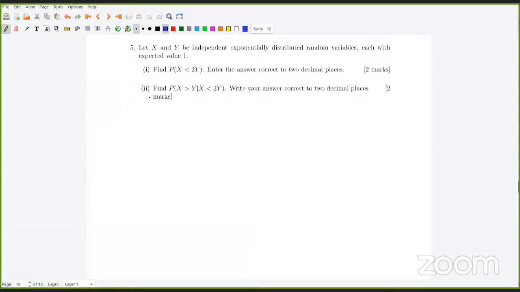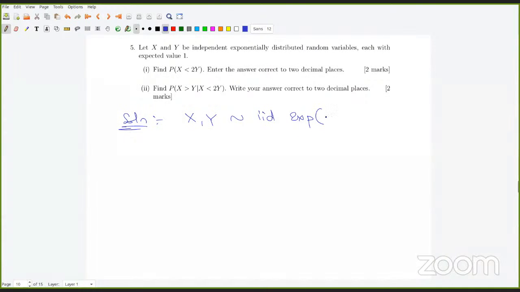Okay, now we have X and Y independent exponentially distributed random variables. So this actually means X, Y are IID exponential with expected value 1. What is the parameter now?